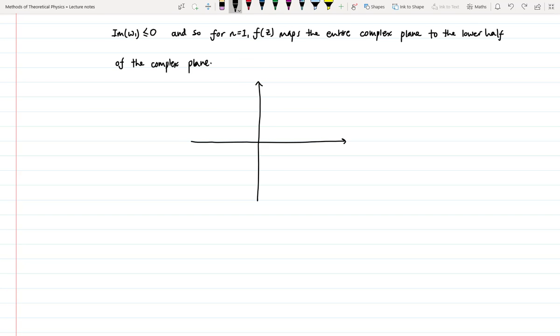We're looking at the output of our function, the range, W. And we can label what happens for the different values of n on this single set of axes.